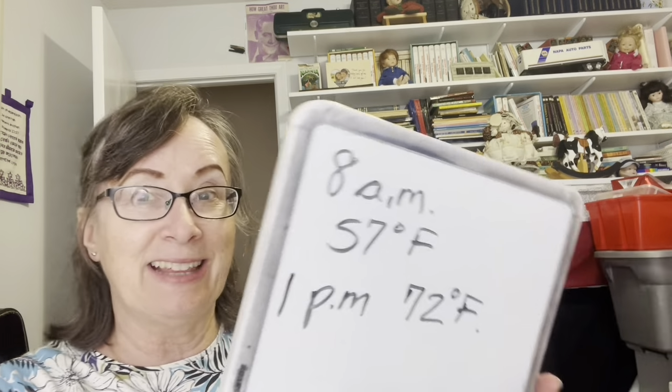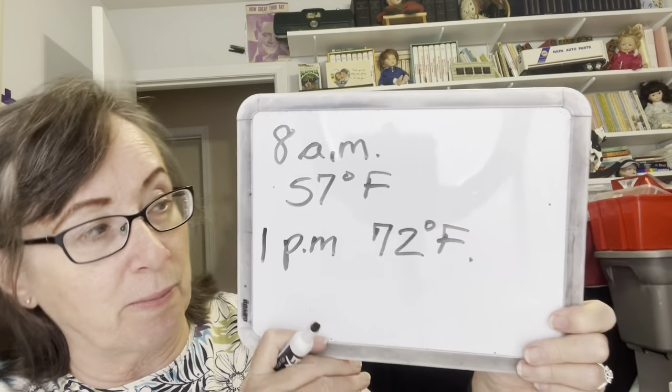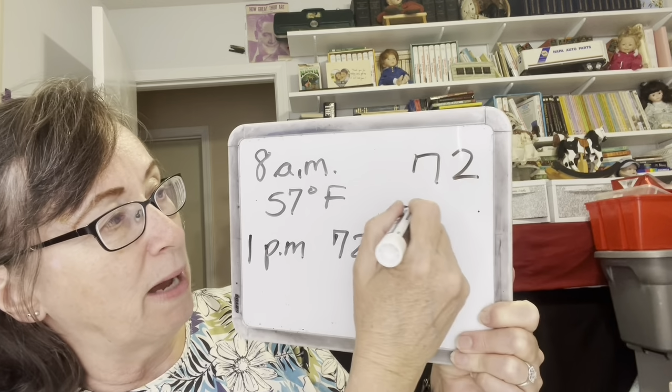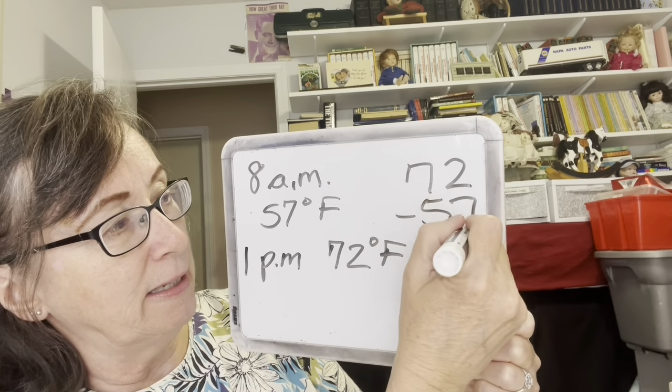Number 2. At 8 a.m., it was 57 degrees Fahrenheit, and at 1 p.m., it was 72 degrees Fahrenheit. By how many degrees did the temperature change between 8 a.m. and 1 p.m.? Isn't this just a simple subtraction problem? Okay, so we're going to put 72 minus 57.